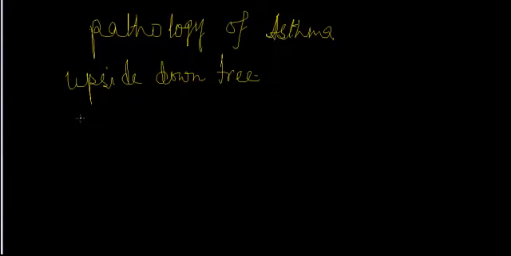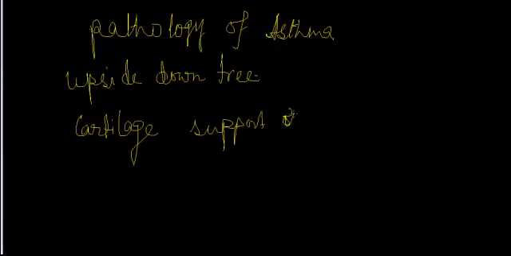But as we go to the finer branches, bronchi give rise to bronchioles, and bronchioles go to terminal bronchioles, then we get respiratory bronchioles, and finally the alveolar duct and alveoli. Cartilage support is there up to the level of bronchioles.